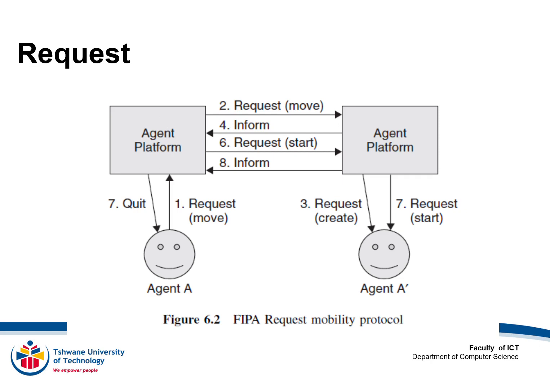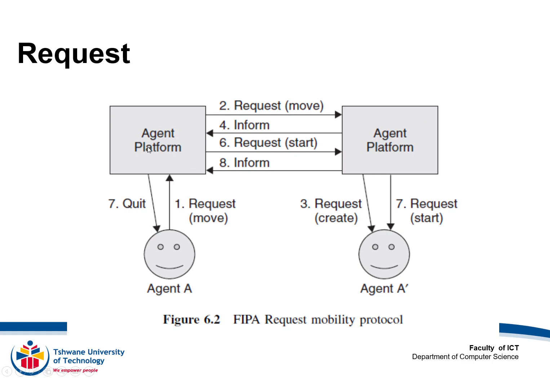Once it has done that, the next thing that can happen is that one could decide to either quit or request start. Once you have requested start, you push a request start on this side, and then you inform the original platform that the agent has started successfully.